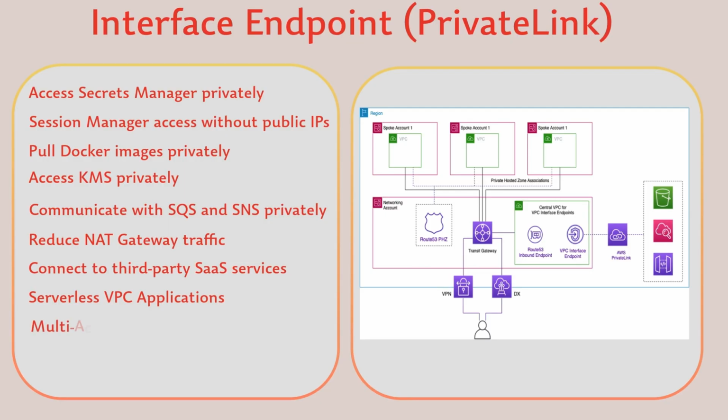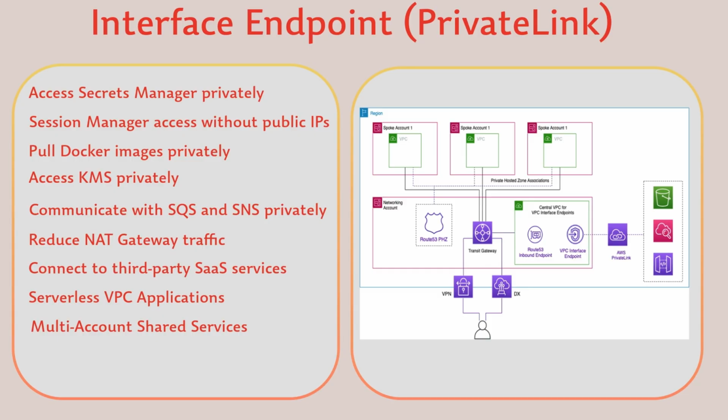Multi-account shared services. Security team. Let's consider a scenario where the security team hosts a scanning service. Consumer account can go to the security service from the interface endpoint. Consumer account will go to the interface endpoint first, and the interface endpoint is using PrivateLink, meaning it is not a separate resource; behind the scenes the interface endpoint is using PrivateLink.